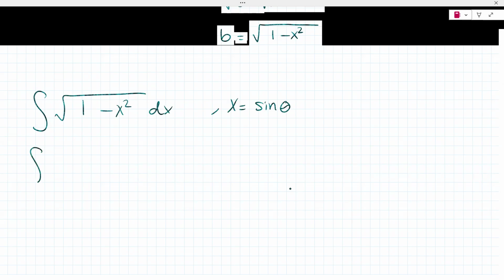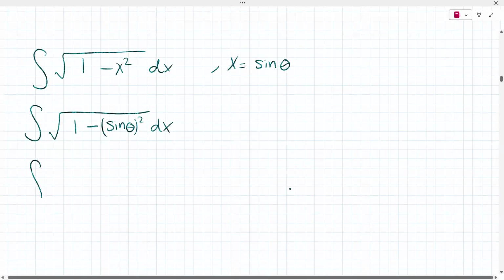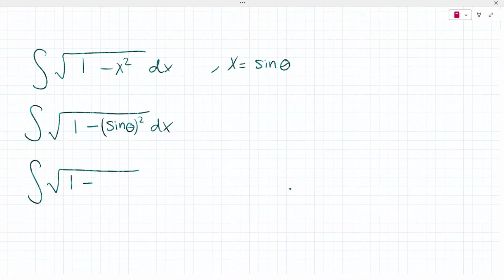So it's going to be, sine theta, so x squared is going to be sine squared theta.